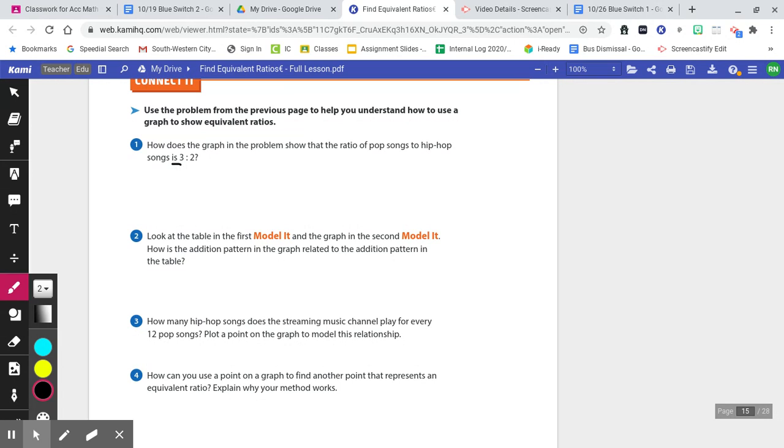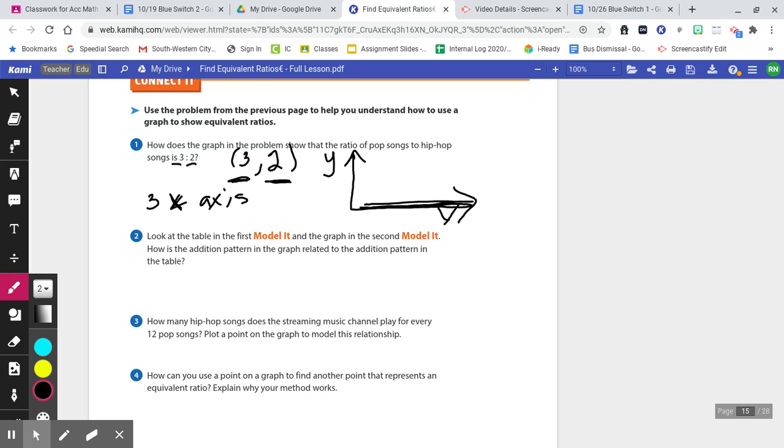That 3 is my x-coordinate. Remember, my x-axis is this one right here, and this is my y. So here's my x, and here's my y.